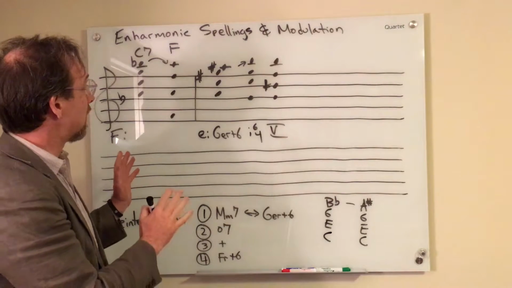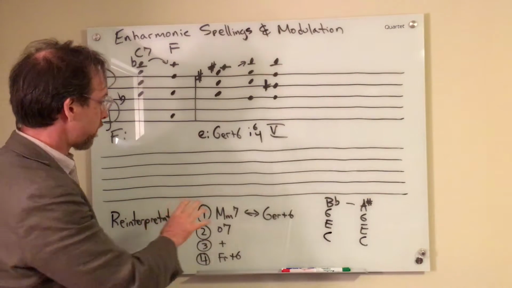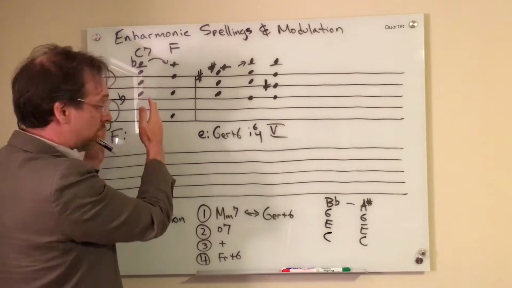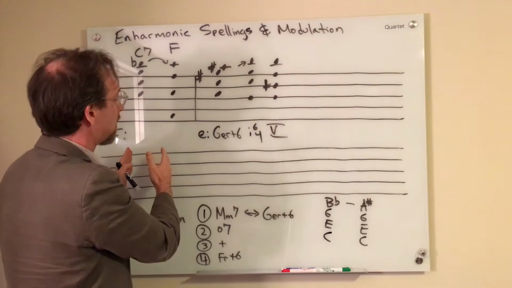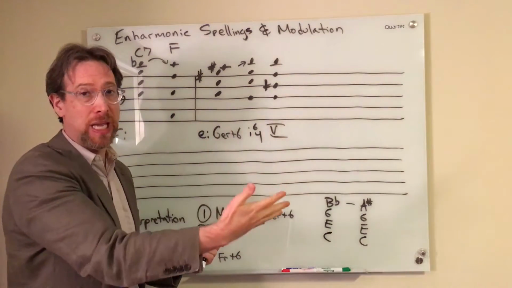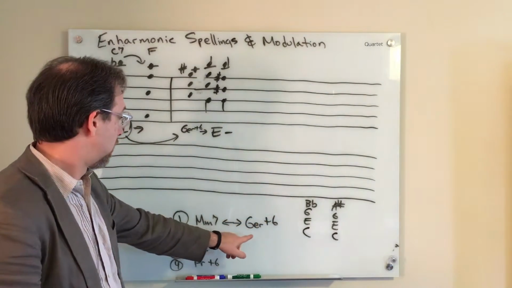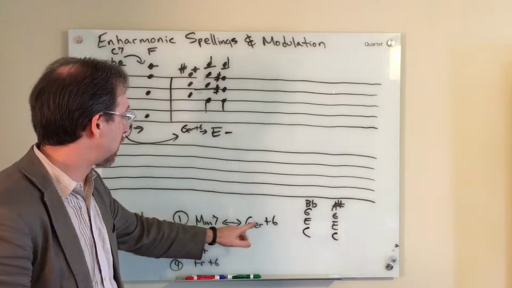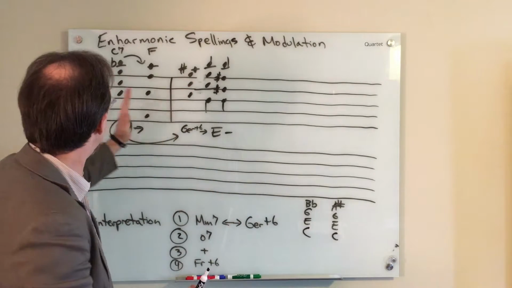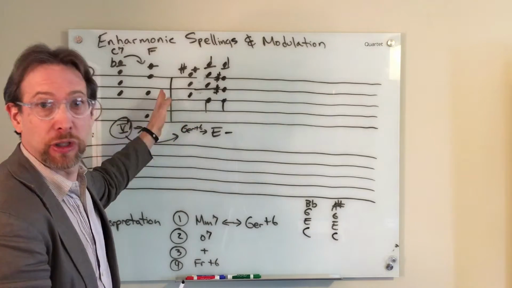And that's very exciting. And it's very often that a major minor 7 becomes, you're going along and it's a major minor 7, and then it becomes the German augmented 6 in a new key, a distantly related key. And it can go either way. You could come to a German augmented 6 and then pretend that it's really a major minor 7 and go into another key.